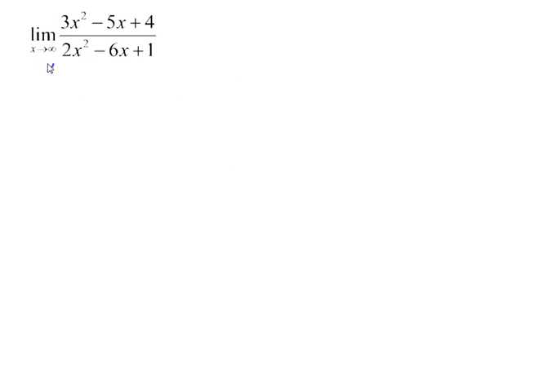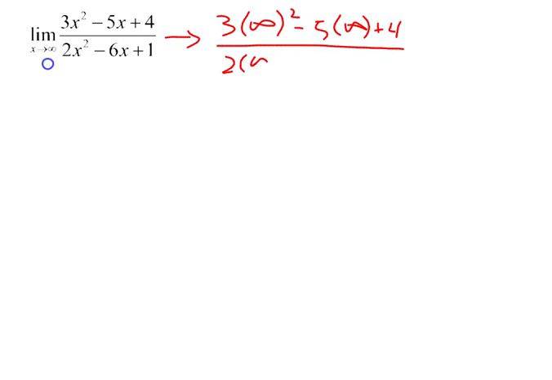According to this, if I wanted to use L'Hopital's, I first need to make sure that it's indeterminate. Well, would you agree that that would be 3 times infinity squared minus 5 times infinity plus 4 over 2 times infinity squared minus 6 times infinity plus 1. Now again, infinity is not really a number, but would you agree you're definitely going to get infinity over infinity?